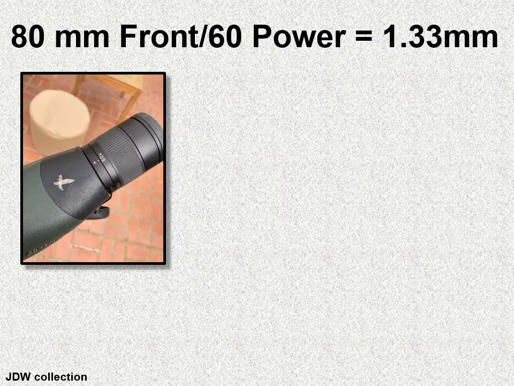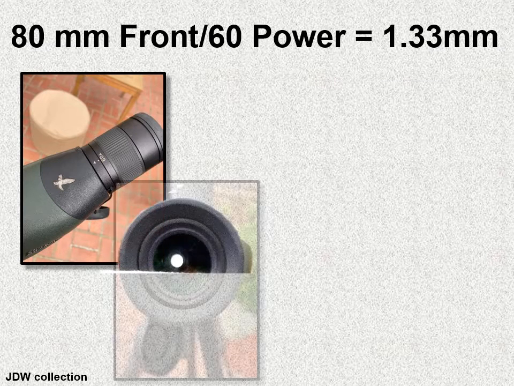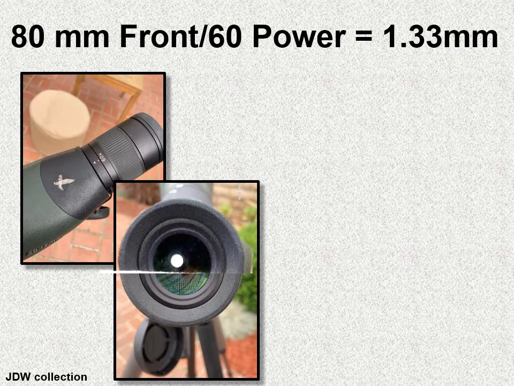What happens if we take the spotting scope, which has a zoom eyepiece, and put it up to 60 power? The exit pupil gets smaller. Let's take the exit pupil at 20 power and superimpose it on the 60 power.